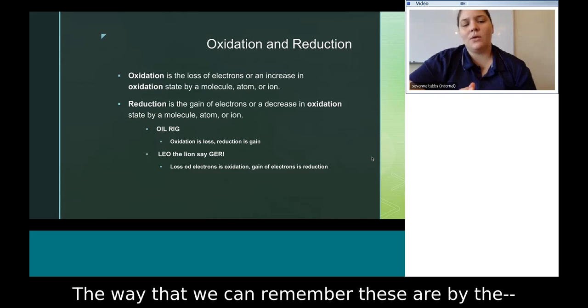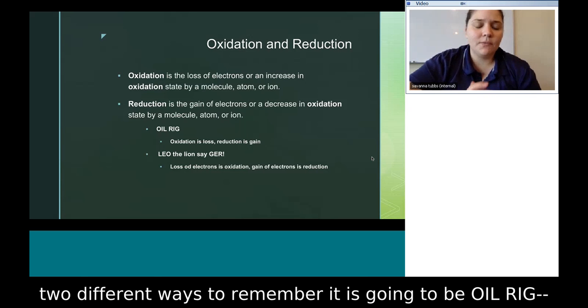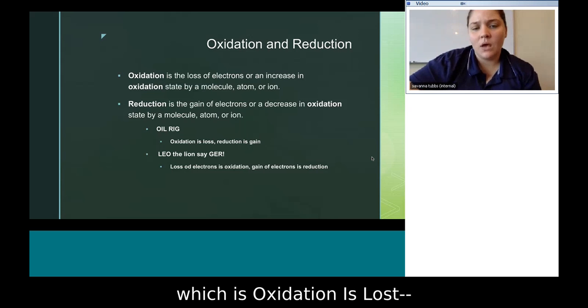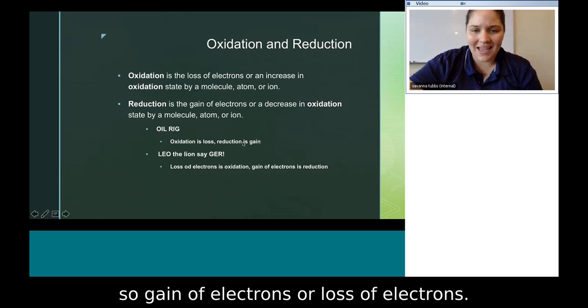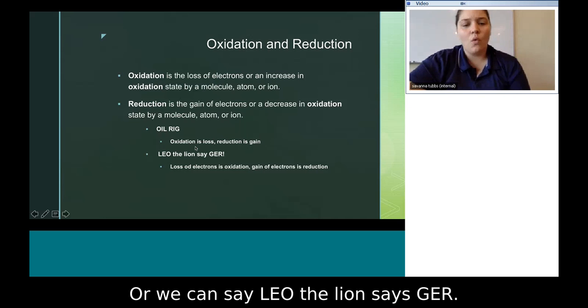There are two different ways to remember this. One is OIL RIG: oxidation is loss, which is OIL, and reduction is gain. Or we can say, Leo the lion says grr.